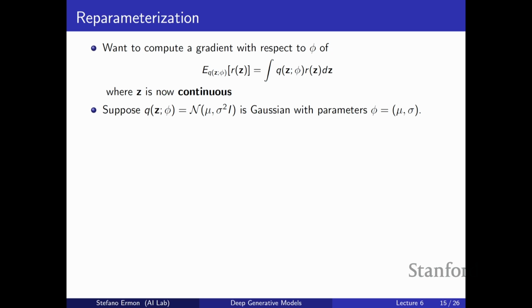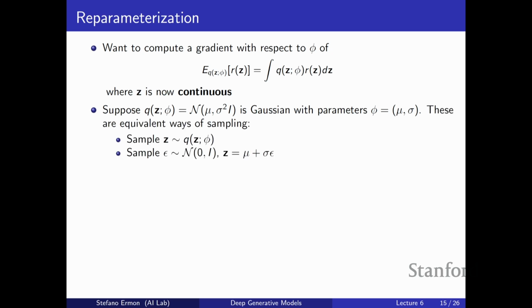The good thing is that if, again, Q has certain properties, for example, it's Gaussian, then there are two ways of sampling from Q. You could sample from Q directly, or you could sample from a Gaussian random variable with mean zero and covariance the identity and shift and rescale it.